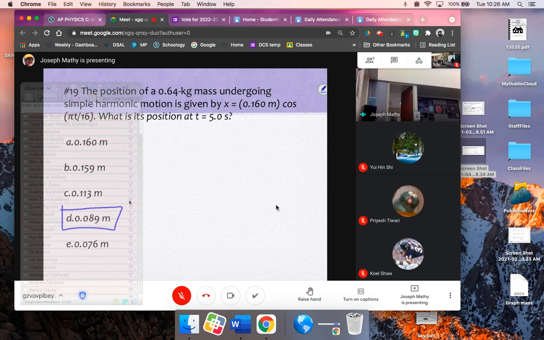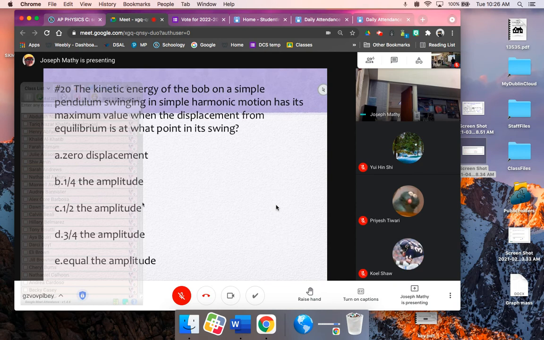You have to have your calculator in radian mode when you're doing cosine of this function. If you're not in radian mode, you're going to come up with something ridiculous.